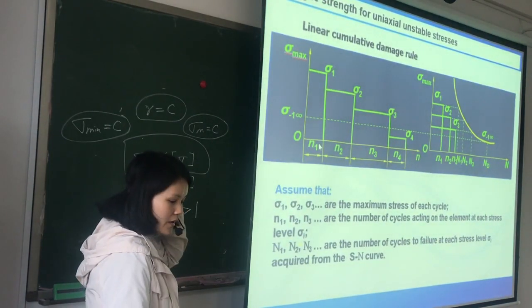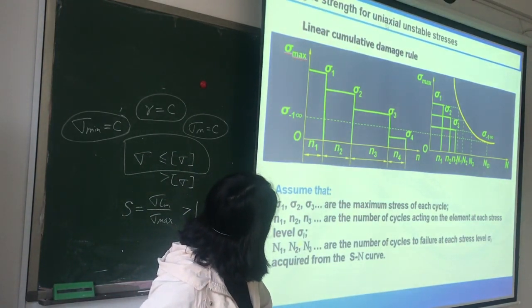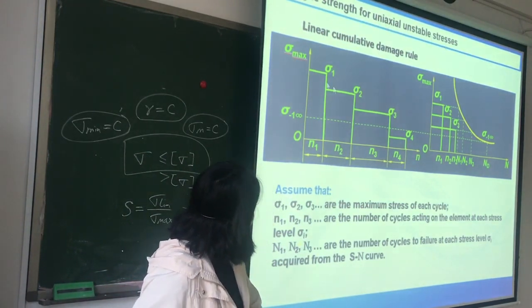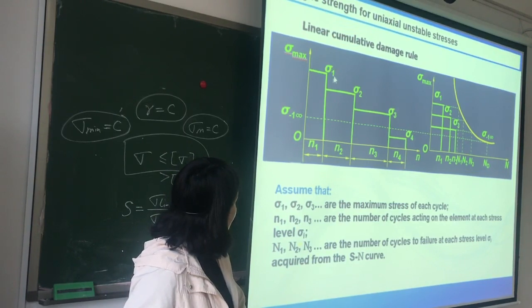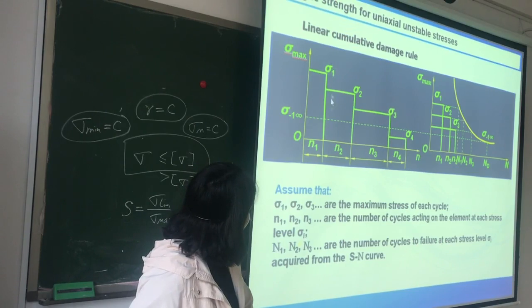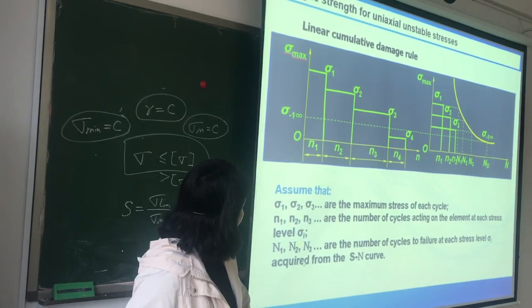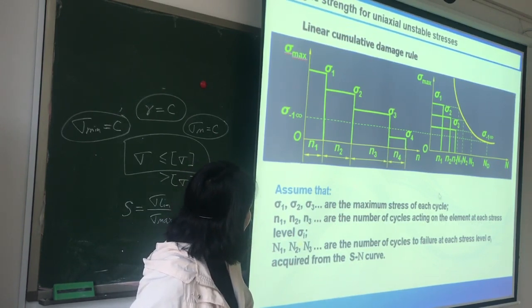Okay, for the unstable stresses, sigma 1 represents the maximum stress of each stress level, and n1, n2, n3 are the numbers of cycles acting on the element at each stress level, sigma i.